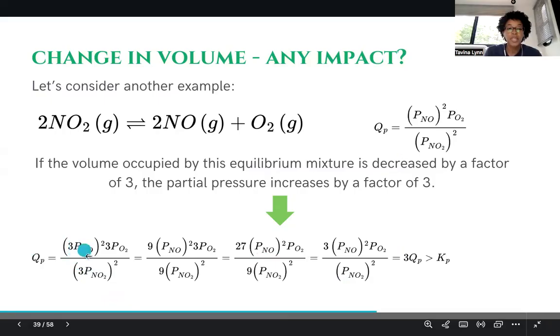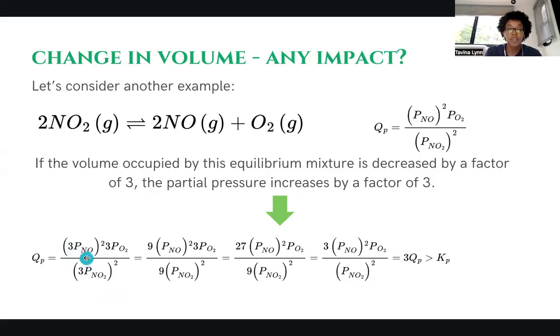So 3 times the partial pressure of product NO, and it's raised to a power of 2 because of our coefficient of 2. So we end up squaring that. So we end up with 9, and then we still have the partial pressure squared of NO. We multiply 3 times the partial pressure of oxygen gas. That has a coefficient of 1, so we just have that 3 still there.